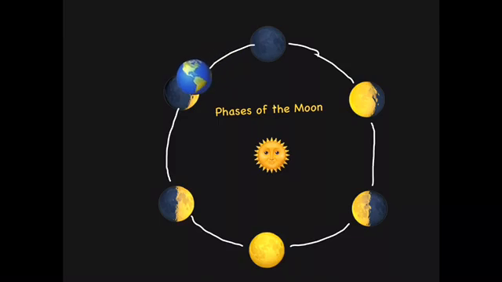There are some times when the Earth is just blocking off a part of the moon. So you get to see that little, we call it a crescent moon, up in the sky.